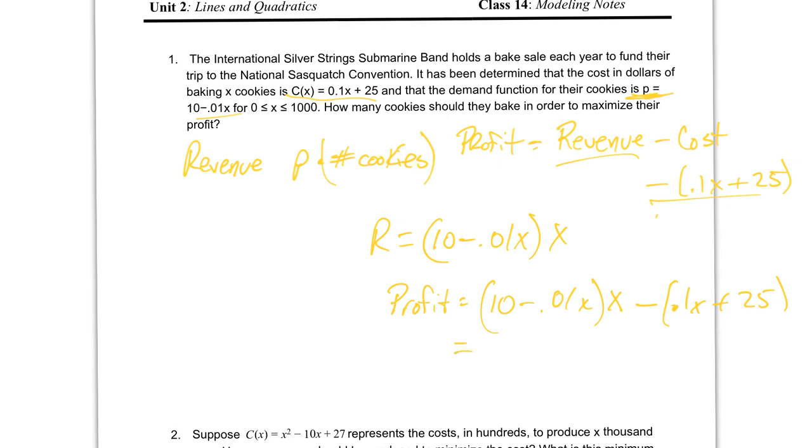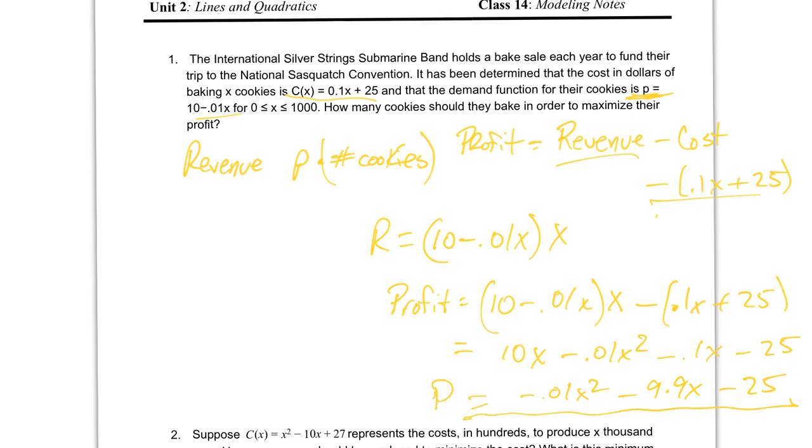In simplifying this, I get 10x minus 0.01x squared, minus 0.1x minus 25. We simplify this, and we get negative 0.01x squared plus 9.9x minus 25. This is our profit function.